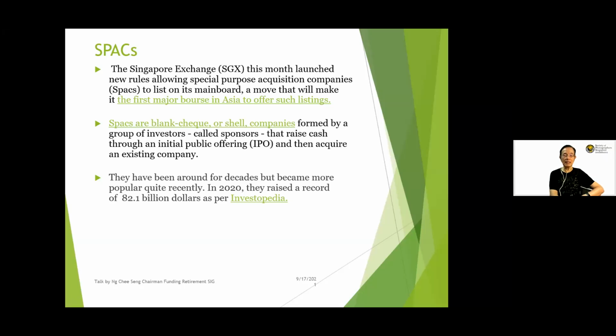But for the last 1-2 years, it has become more and more popular. Especially in 2020, fundraising activities using the SPAC approach raised a record of $82.1 billion US dollars, according to Investopedia.